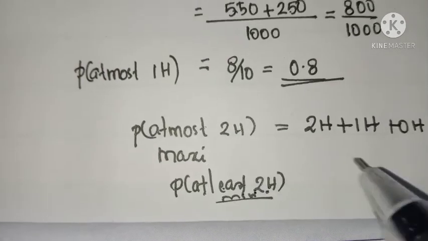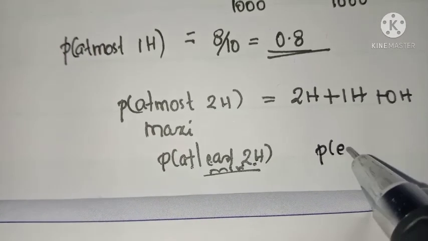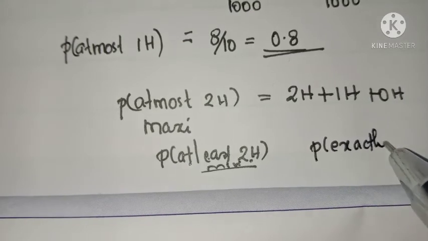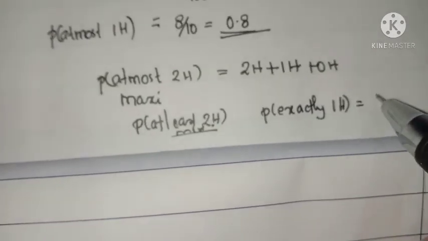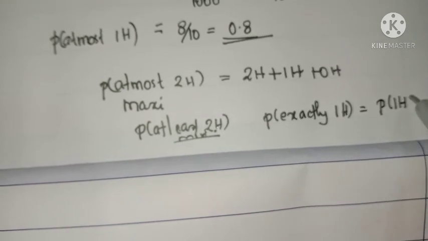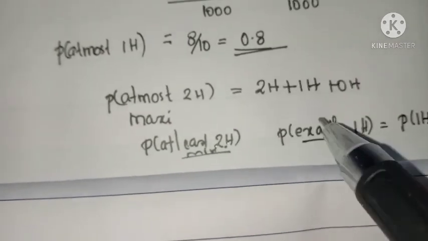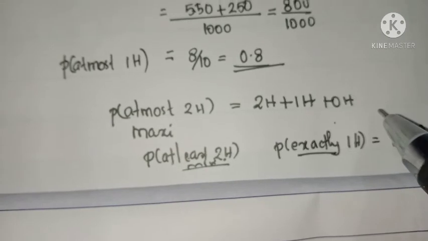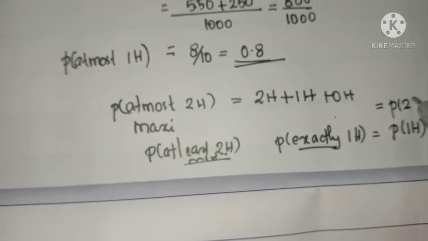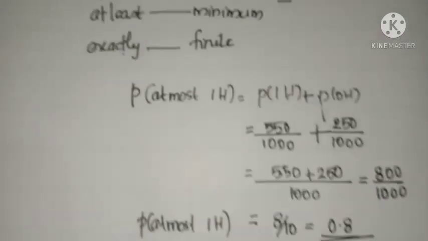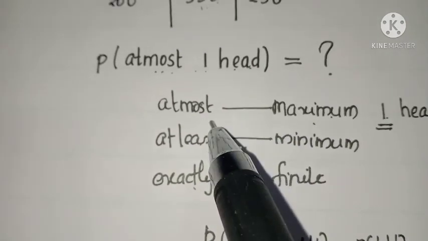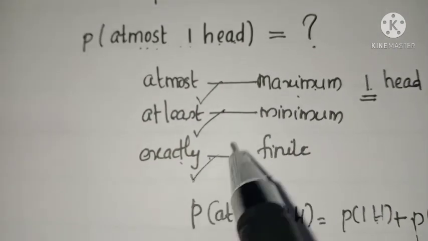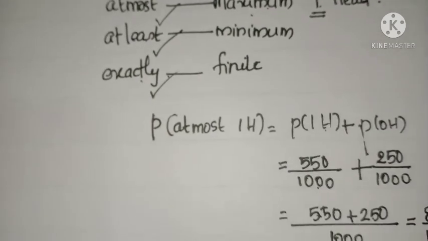Now probability of exactly one head means we can consider only one head. Exactly two heads means we can consider only two heads. I hope it's clear to you.